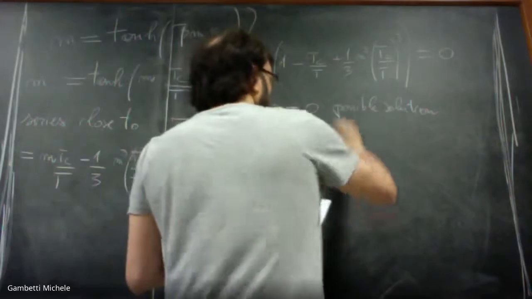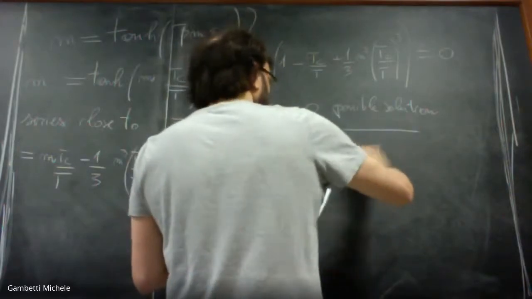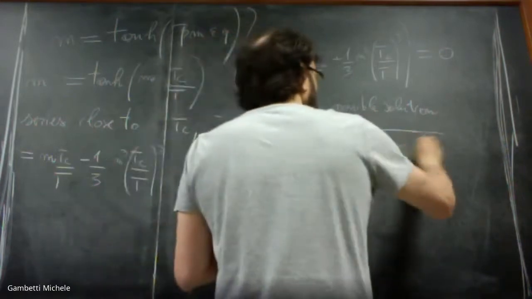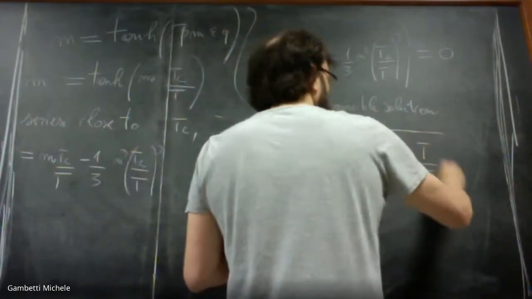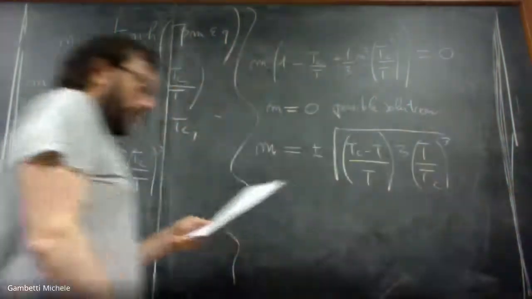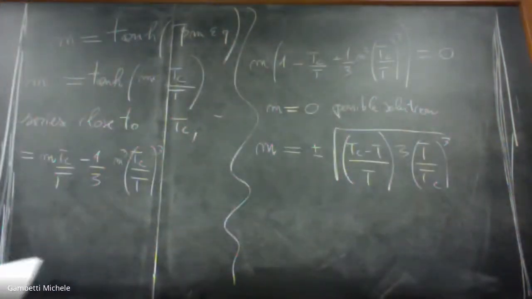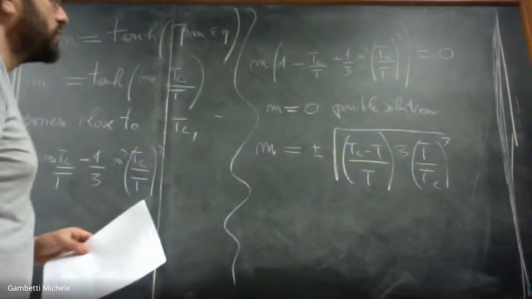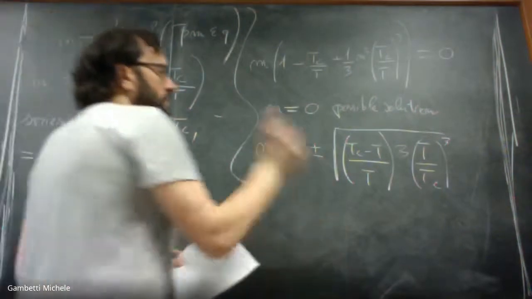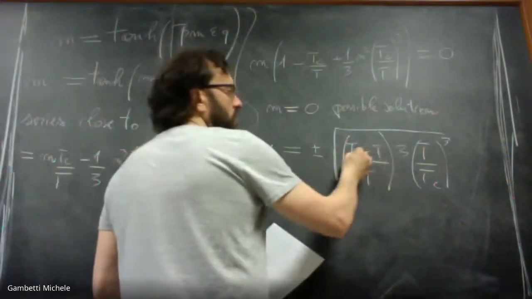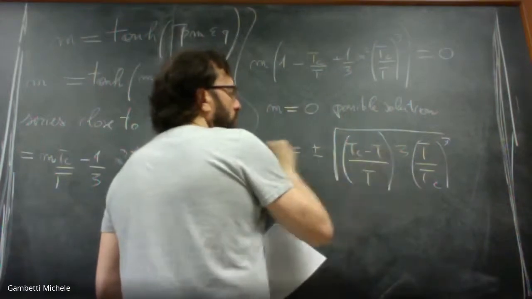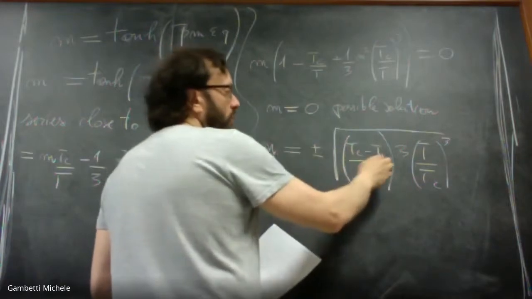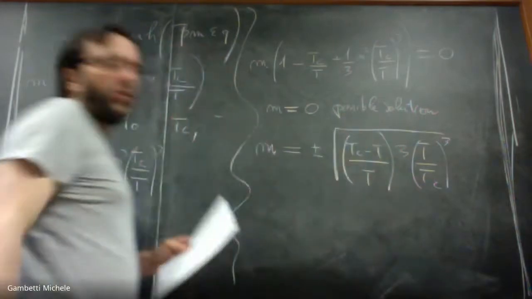Tc minus T divided by T, and then there is 3T divided by Tc cubed. So of course now I have a trivial solution that is m equal to 0, and since we are approaching the Tc from below, we have two more solutions close to m equal to 0, so we are close to the critical point, which are provided by this formula.